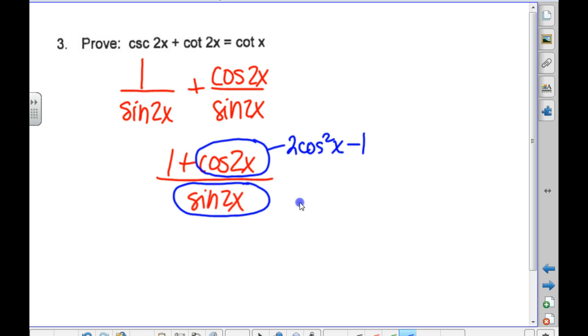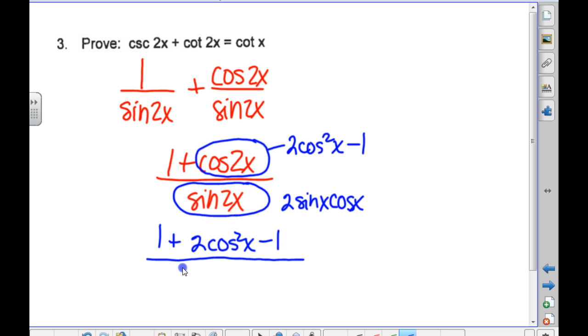The denominator I only have 1 trade for. That trades for a 2 sine of x cosine of x. So this will become 1 plus 2 cosine squared minus 1 all over 2 sine of x cosine of x. Now, some things are going to cancel, but we need to be really careful that we don't cancel anything until the addition and subtraction are taken care of.